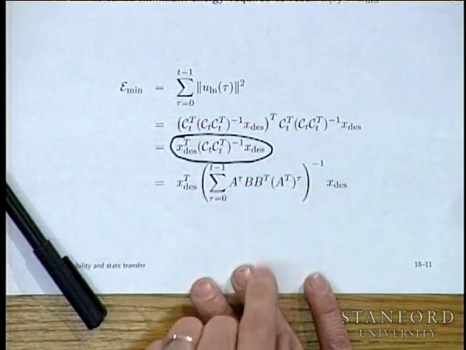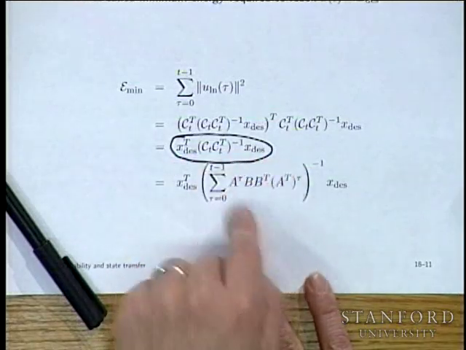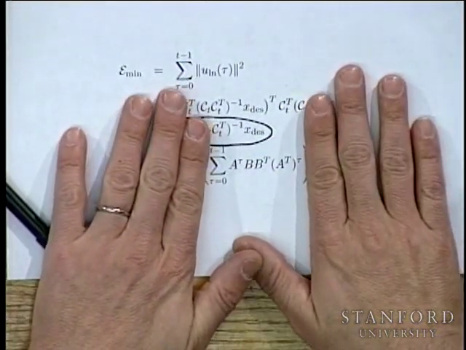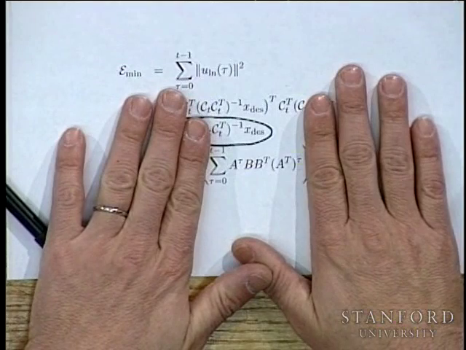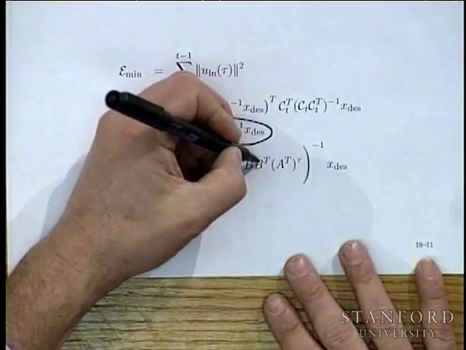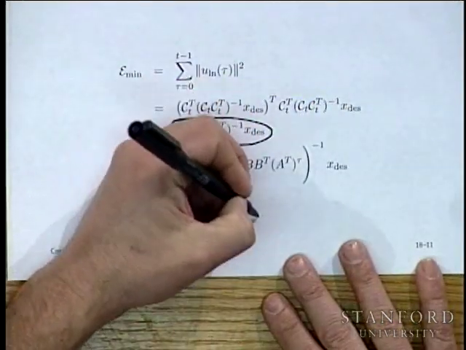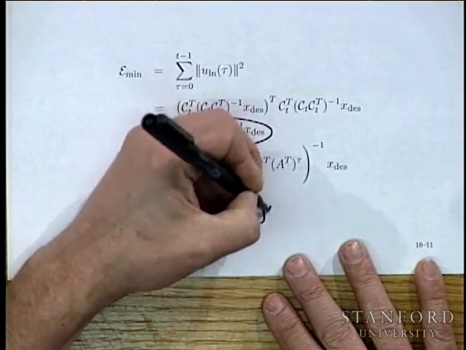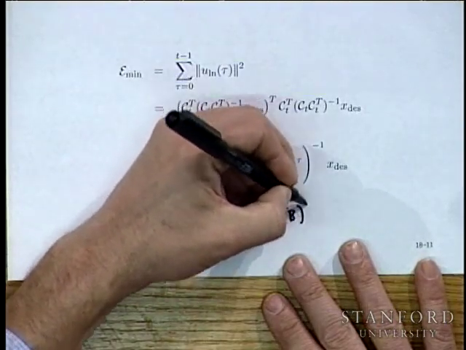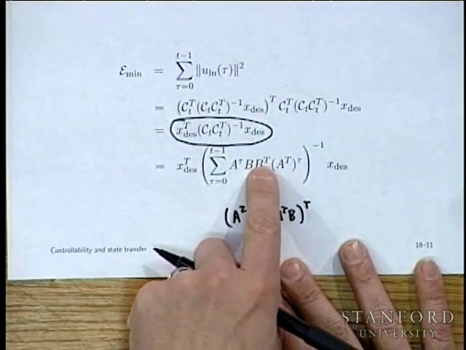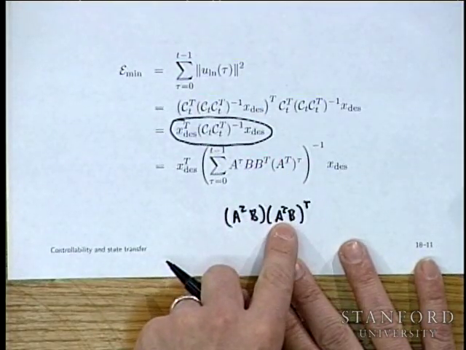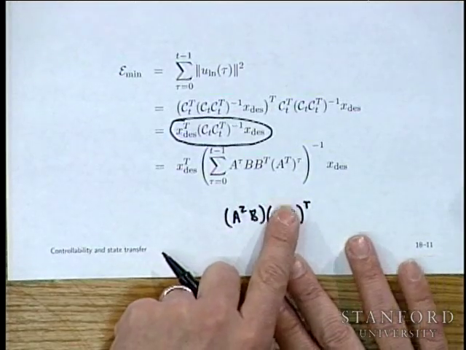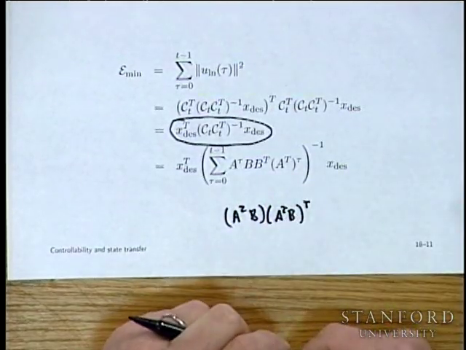It's a quadratic form, and that quadratic form looks like this. And it's actually quite pretty. Inside here, it's a sum of positive semi-definite matrices. Now, I know they're positive semi-definite because each term looks like A to the tau B times A to the tau B transpose. Whenever you take a matrix and multiply it by its transpose, you get a positive semi-definite matrix.